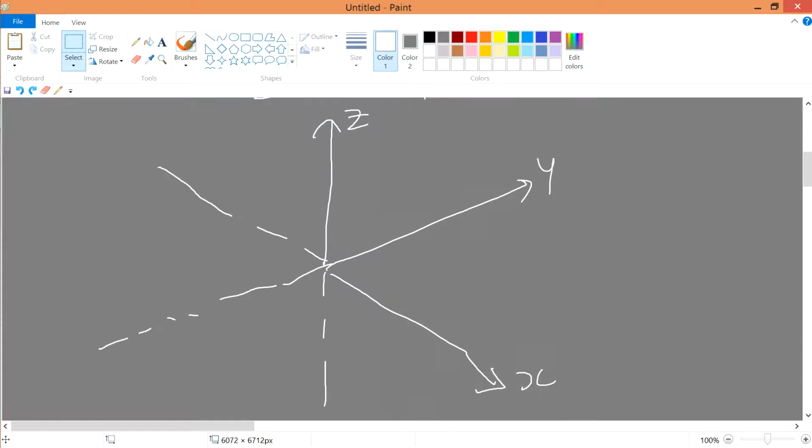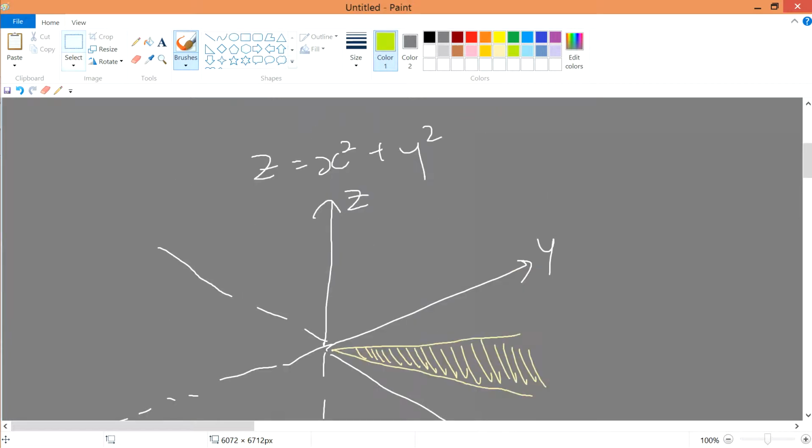I'll just draw it over here, in a different color, perhaps this color. So we have this portion over here, which we have just integrated. Now we're going to introduce the function.